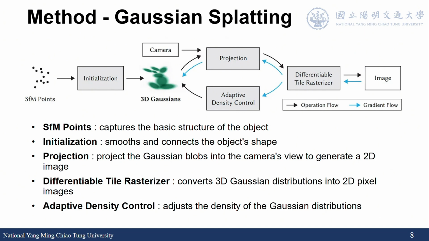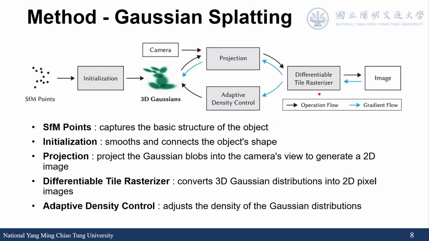To refine the result, adaptive density control adjusts the size and density of the Gaussian distribution based on discrepancy between the rendered image and the original photos. This ensures that blurry regions are enhanced, sharpening edges and details to better align with the original input image.